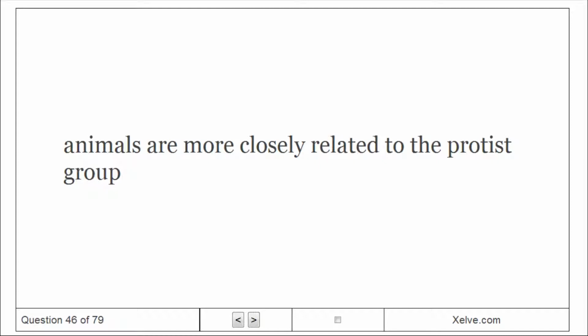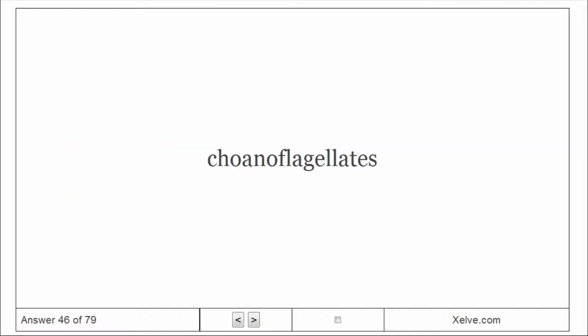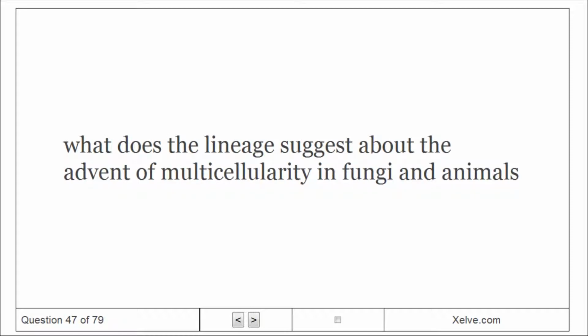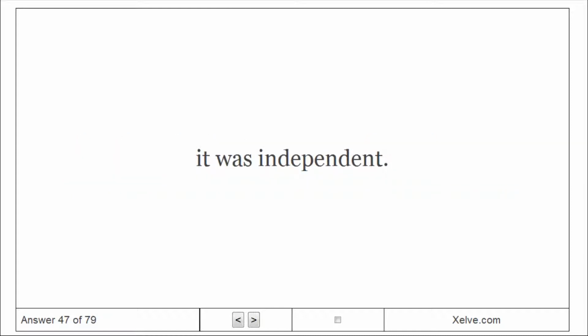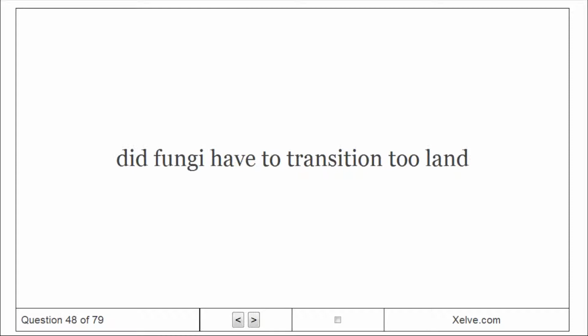Animals are more closely related to the protist group choanoflagellates. What does the lineage suggest about the advent of multicellularity in fungi and animals? It was independent. Did fungi have to transition to land?